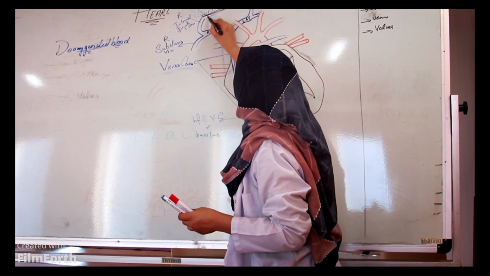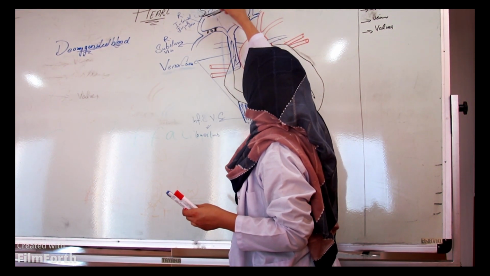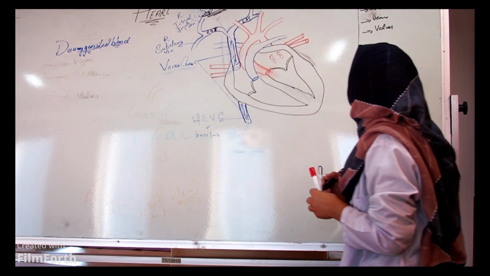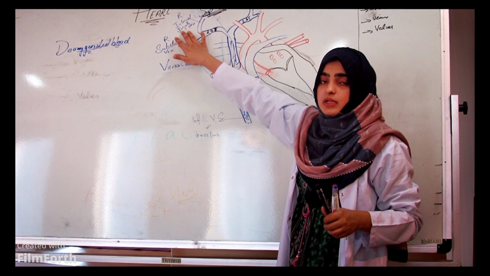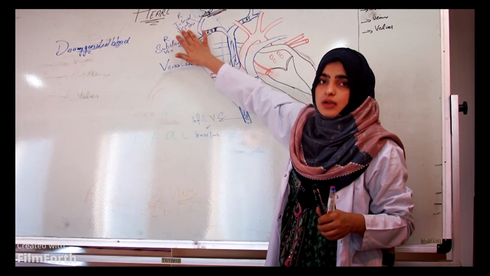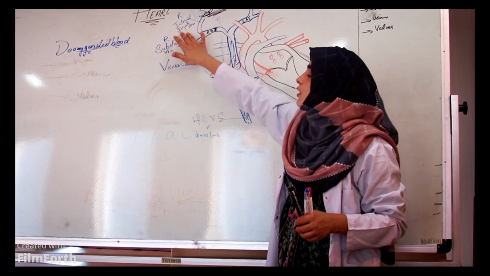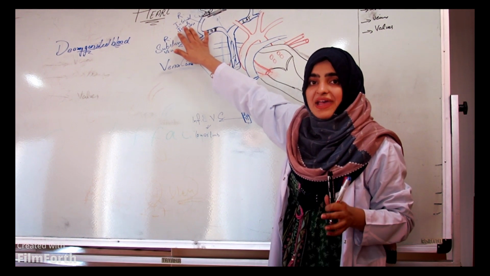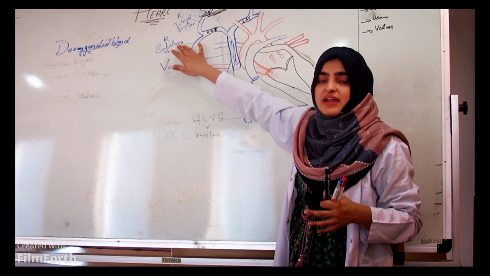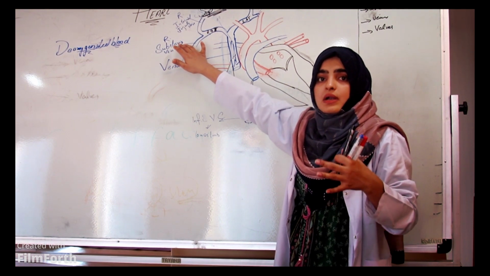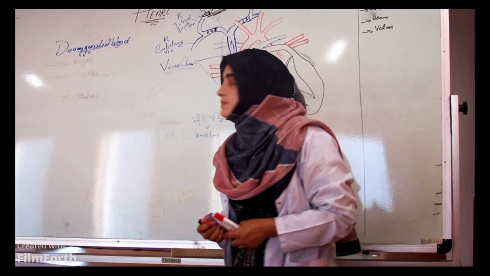Here, superior vena cava. And I will just mention that the internal jugular vein, also called carotid vein, carries deoxygenated blood from the head and neck, and the subclavian vein, right or left, carries deoxygenated blood from the upper limbs or the arms.